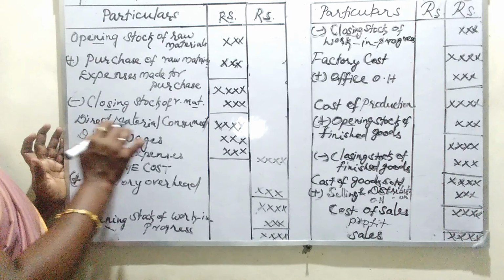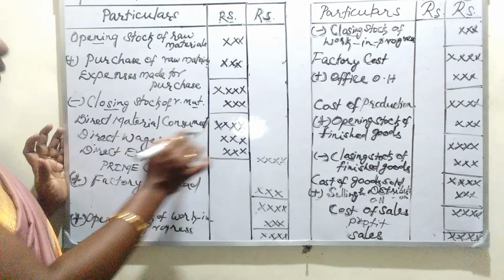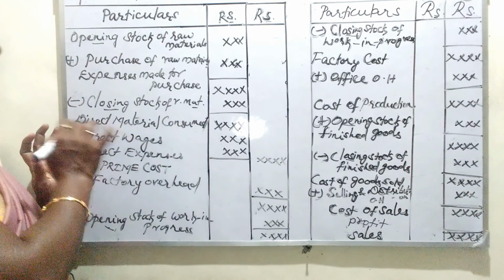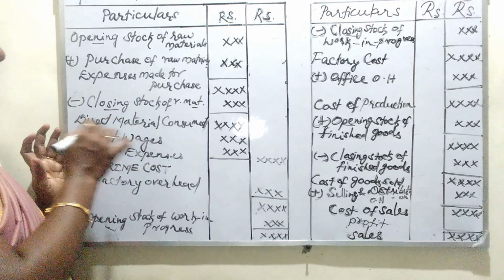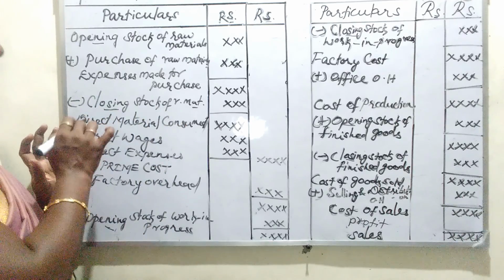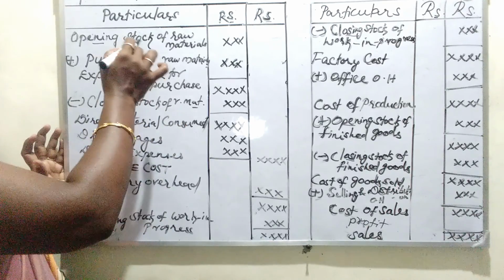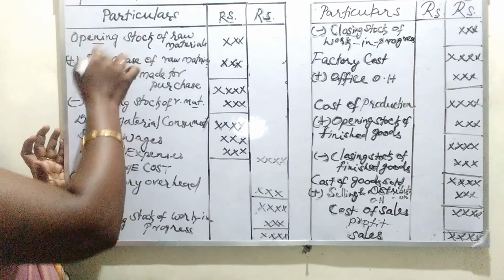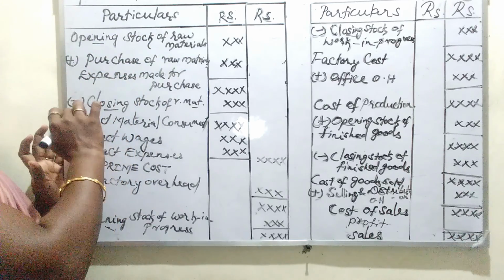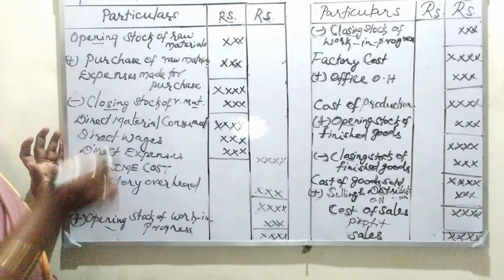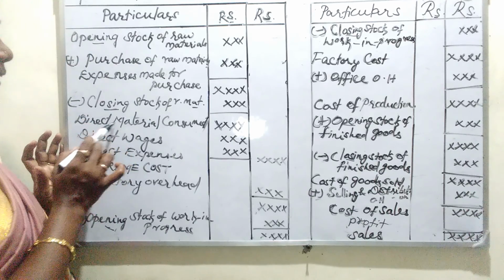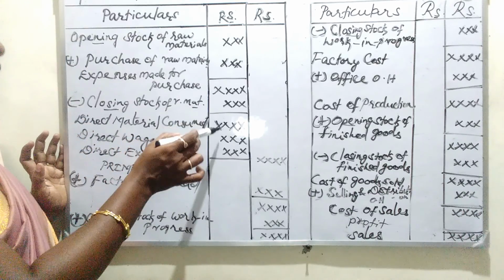So this is direct material consumed. Actually, what is the direct material consumed in the current year is mentioned here. So opening stock plus purchase of raw material, and deduct the closing stock. Then we find the direct material consumed.